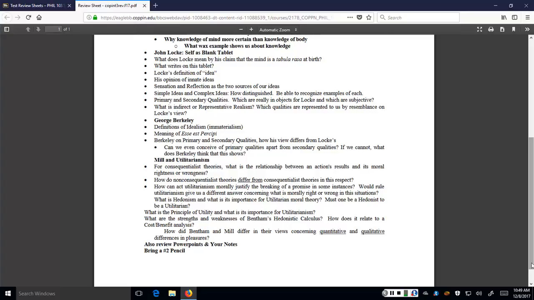For Berkeley, all of these properties are in the same category with pains. That is, these properties cannot exist independently of a mind. So for Berkeley, then, that's how he gets to the claim esse est percipi. To be is to be perceived by some mind or other.